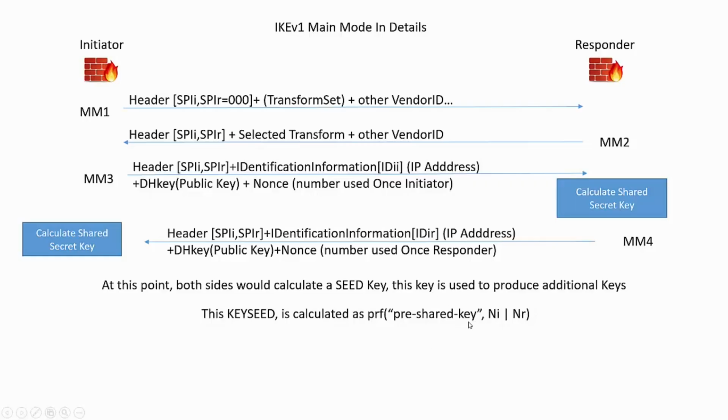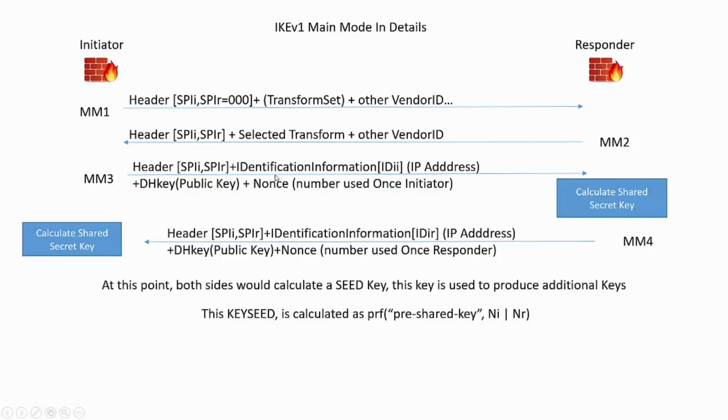It's going to run a pseudo-random function, and for its input, it will put the pre-shared secret key, the nonce from the initiator, and the nonce from the responder. So, the pre-shared secret key is one part of this formula.